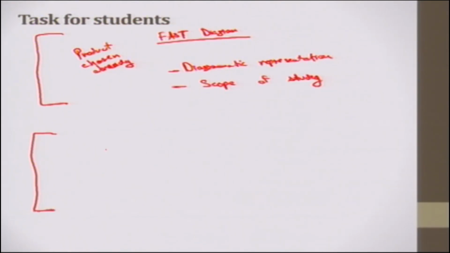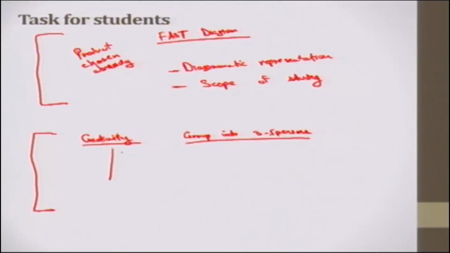The second task is regarding creativity. As I told before, if possible, please group into 3 to 5 persons. Even if you have different products, one person has chosen product A, second person B, C, D, you should all work together on product A first.